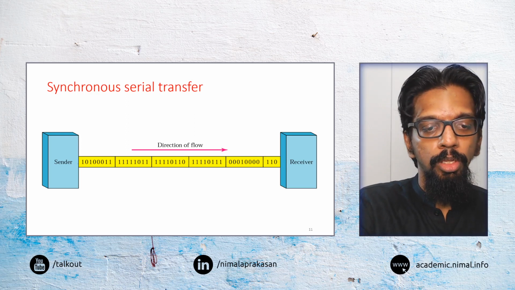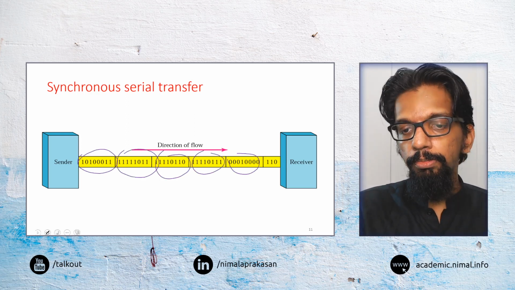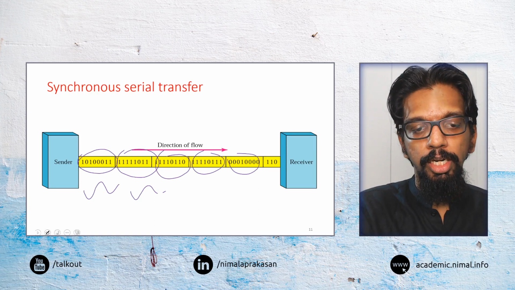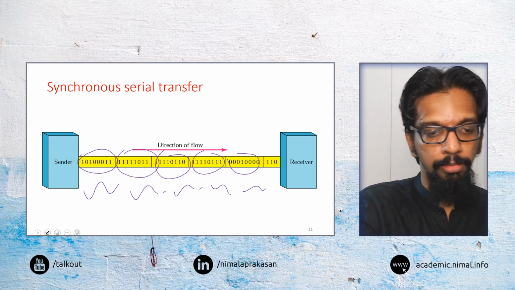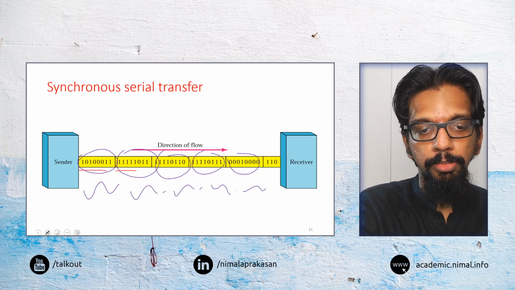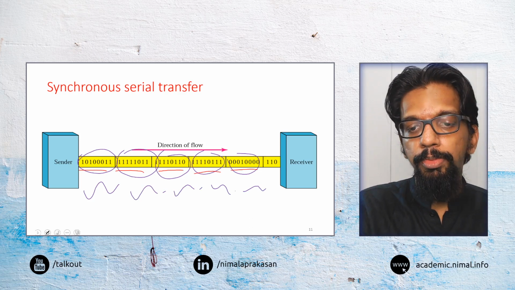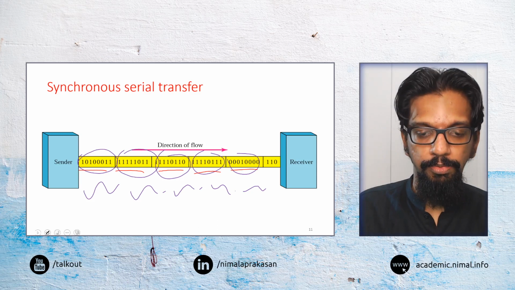So, we would have a set length of data, and we would send that within the same time frame across the communication medium. So, we would keep this constant from sender to the receiver.